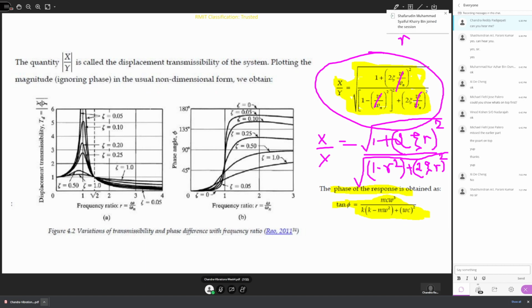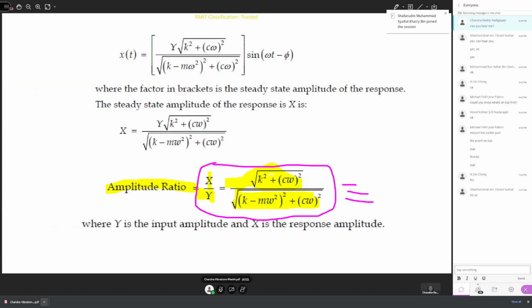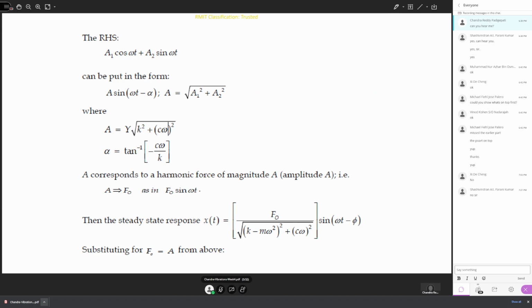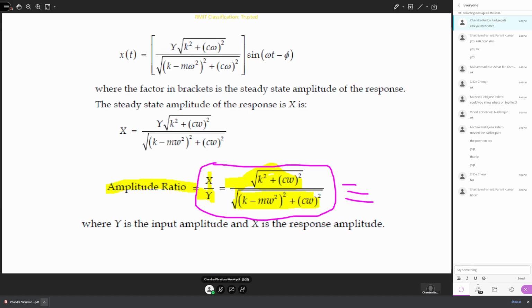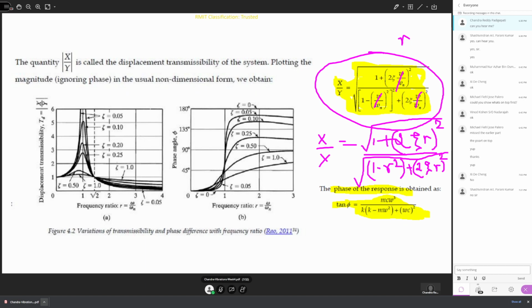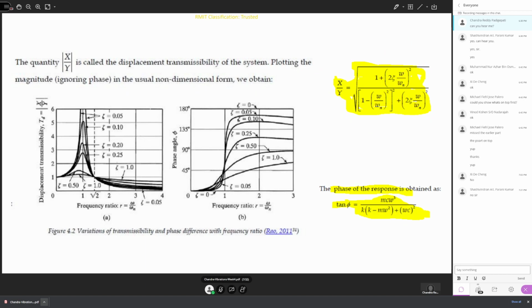And this expression, we have seen alpha, the phase, you can write it as tan inverse of c omega over k negative. So the same thing can be written like this. So I clear this. So you can also write the phase response this way.